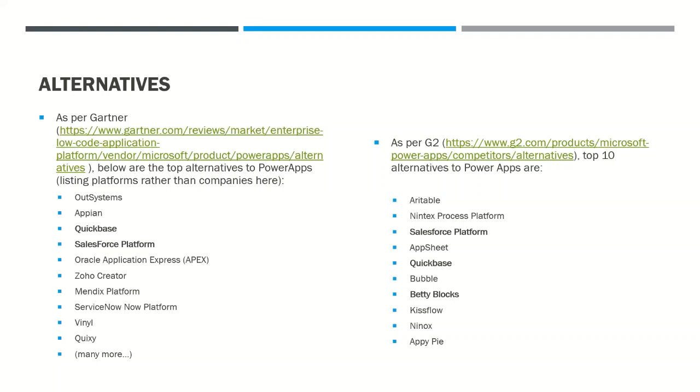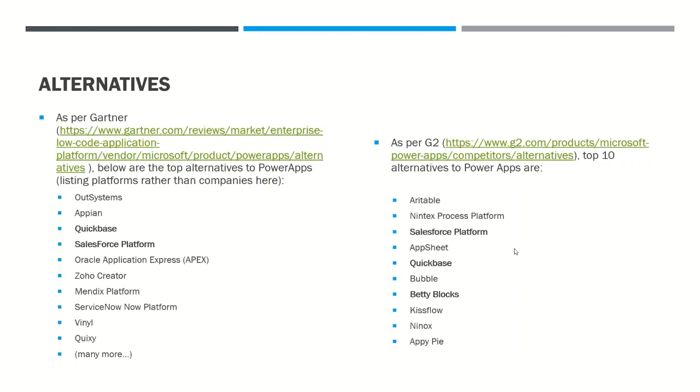All right. While you think about the question, there are alternatives available to PowerApps. As per Gartner, they had a list of about 30, 40 apps or systems. I've just listed the top 10 as per G2, and I've tried to make certain that the common ones are in bold. The Salesforce platform is similar to PowerApps, and some people are hooked onto that and use it.